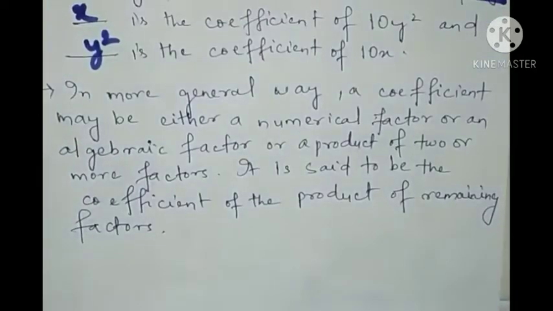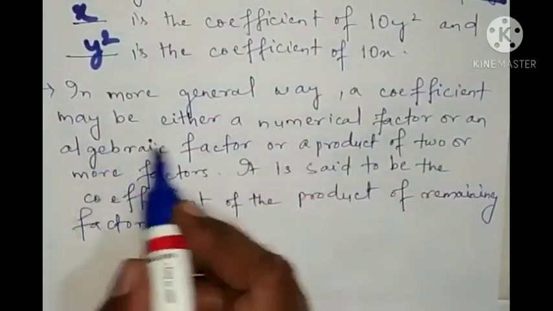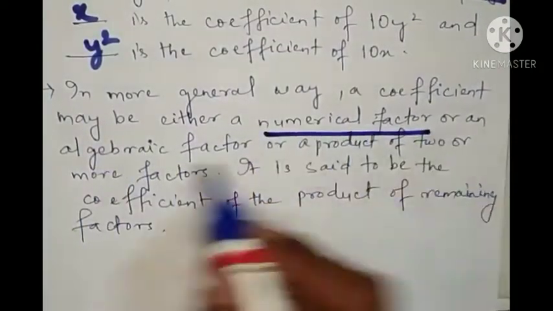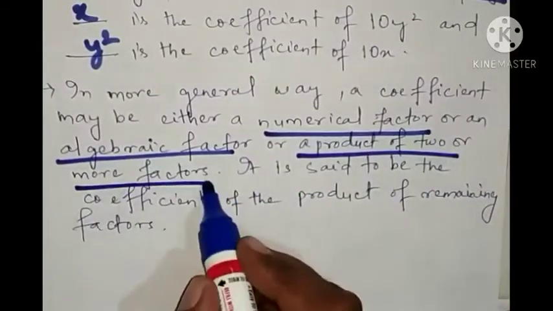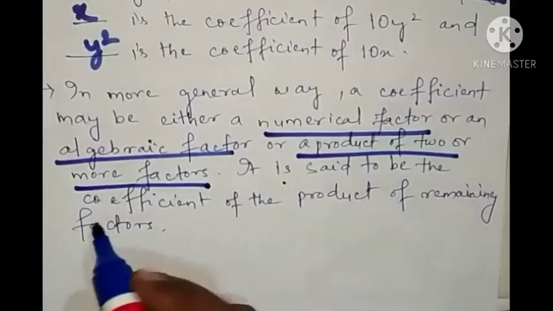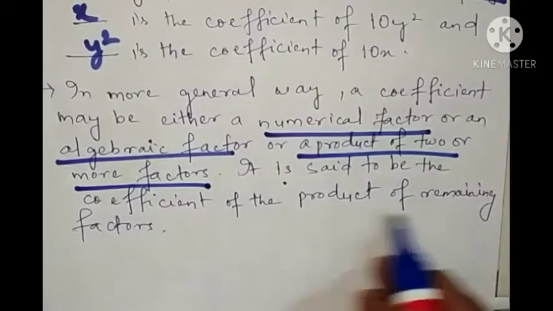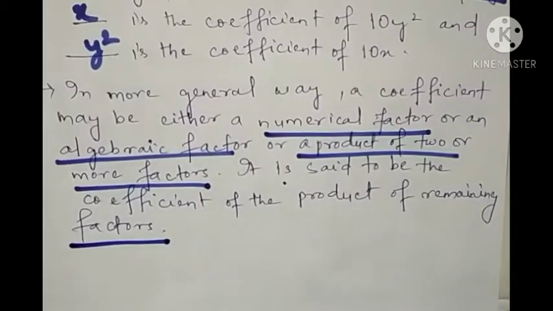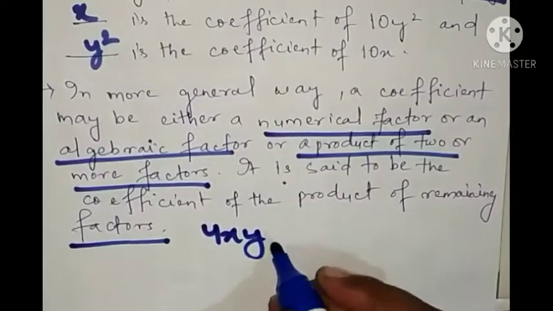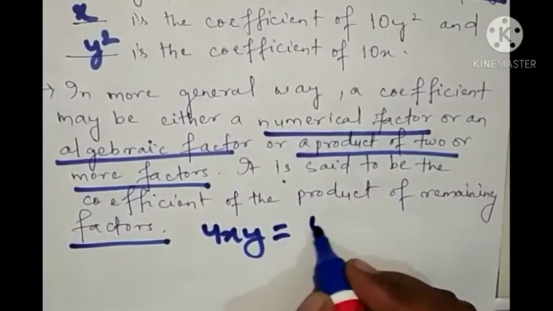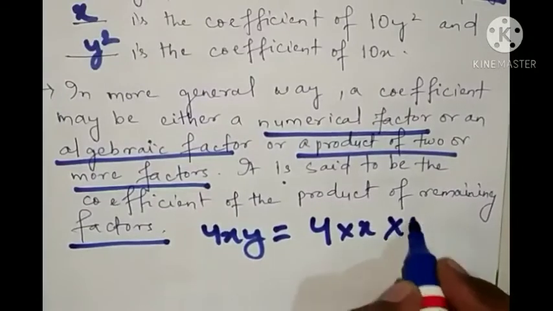In a more general way, a coefficient may be either a numerical factor, an algebraic factor, or a product of two or more factors. It is said to be the coefficient of the product of the remaining factors. So when we look at 4xy, that is 4 into x into y.